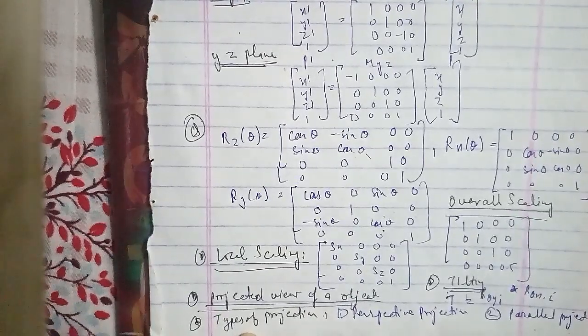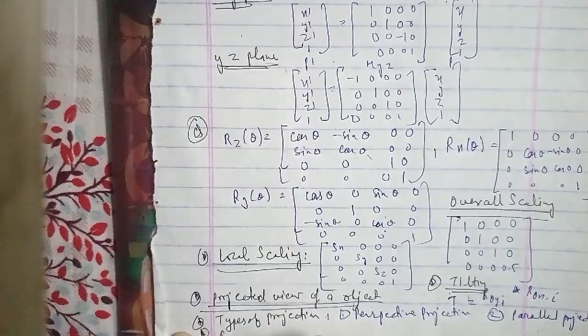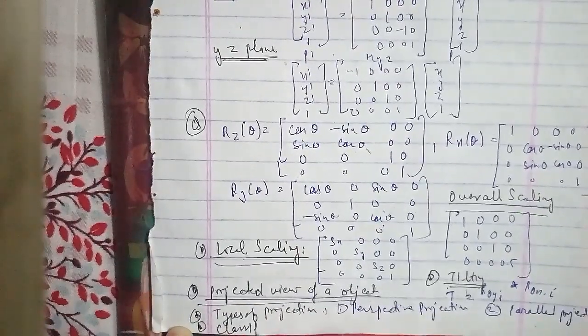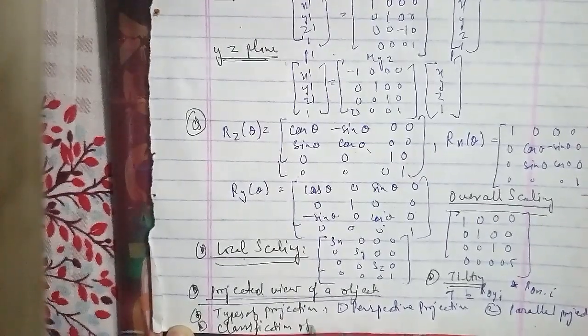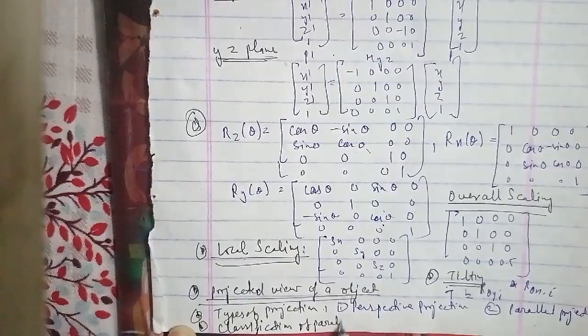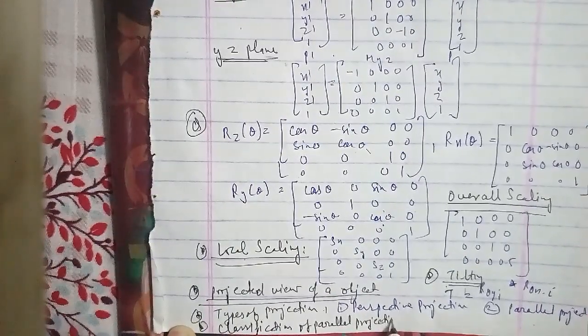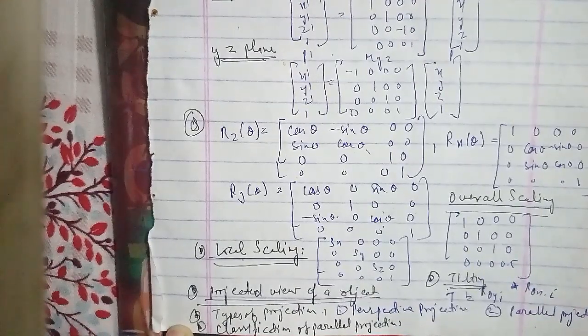Now we'll discuss the classification of parallel projection. Parallel projections are classified into two types.